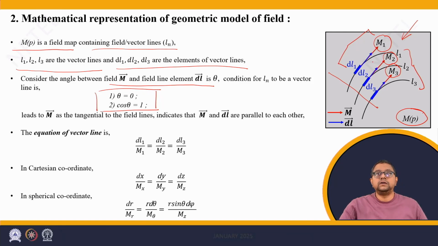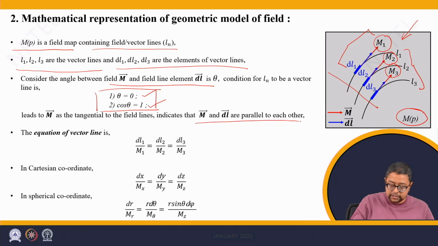The M1 field is aligned with the dL1 vector of the elemental line. Now, this results in the cosine of the angle theta being 1. In other words, we can say that the field M vector is tangential to the field lines L1 or L2, as the case may be. And the M vector and dL vector need to be parallel to each other.